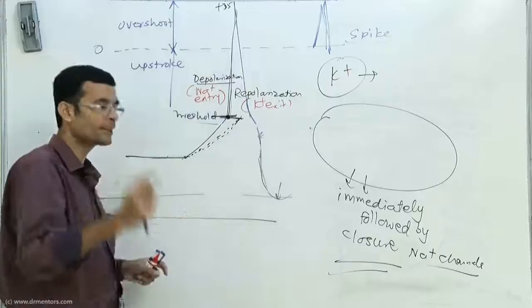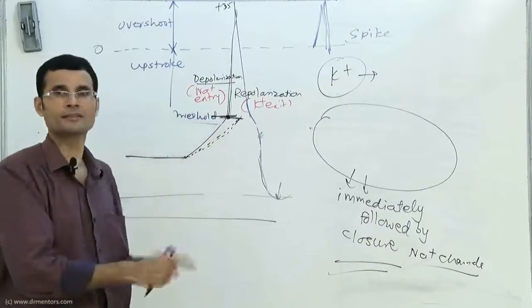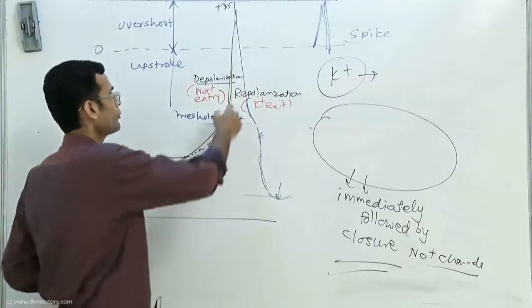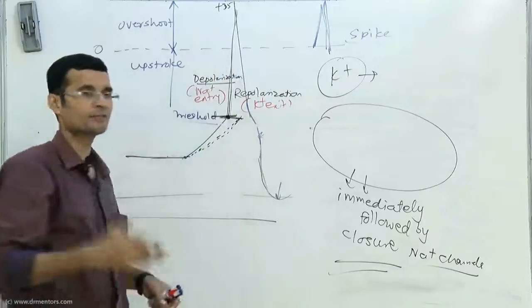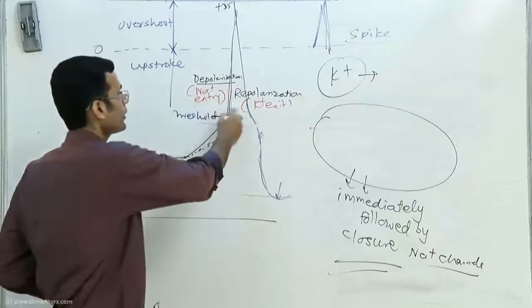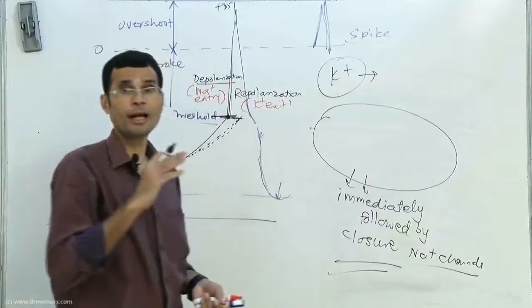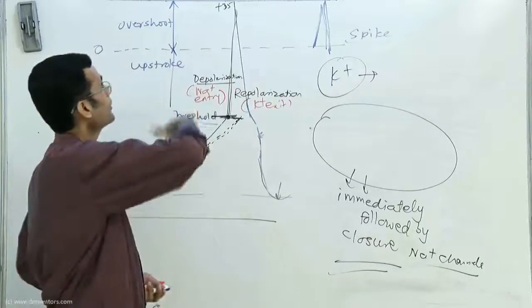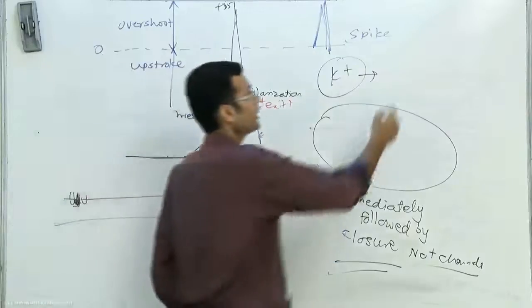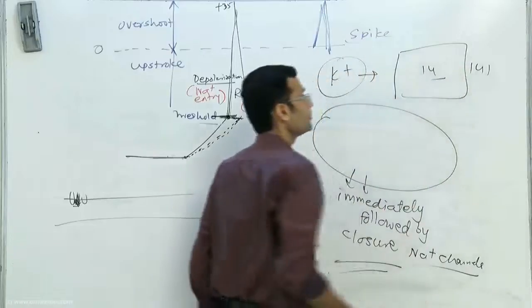It's not as if sodium keeps coming in. It's just a massive instantaneous surge, immediately followed by the closure of sodium channels. So just above threshold, sodium channels will be closed, but sodium has already entered. It will take the potential to plus 35. You must understand that the potential can go anywhere between plus 35 to plus 45 depending upon the concentration gradient for sodium.